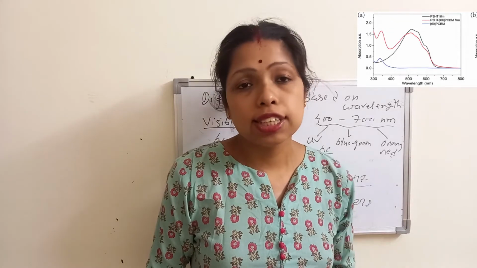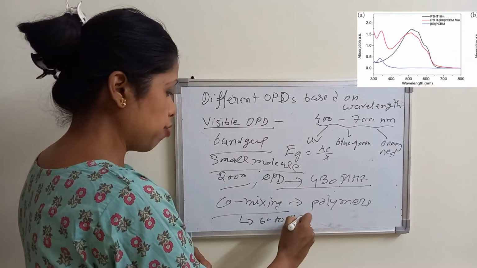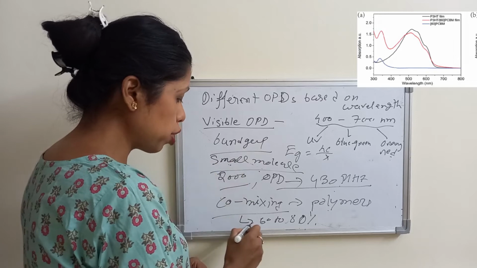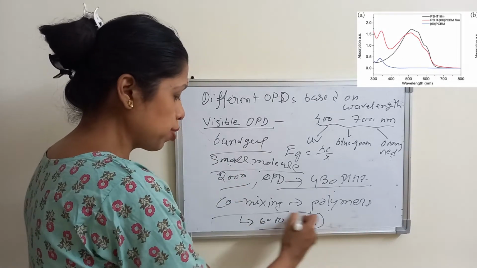In this case, the fabrication is also simple, and due to the multiple interfaces, we can get high efficiency, almost 60 to 80% by using the polymer. But using 2-3 small molecules we cannot achieve this efficiency.